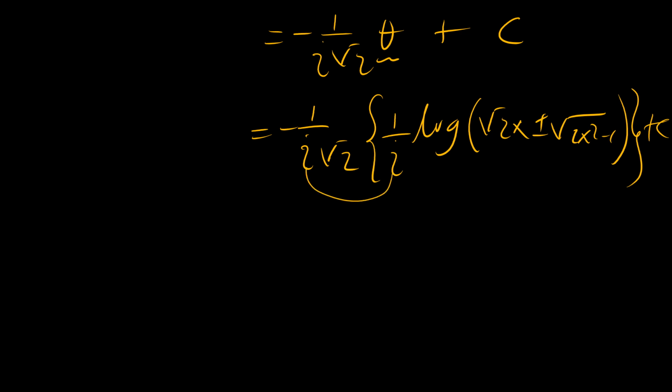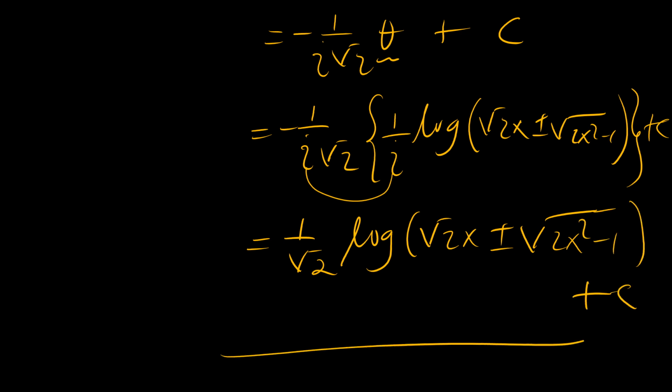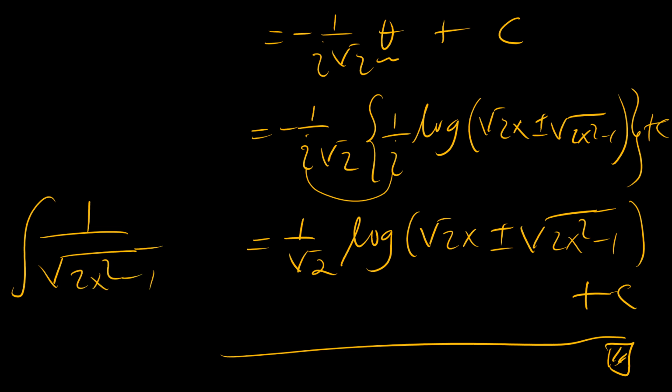And that becomes negative 1, and so that negative 1 cancels with that. So we're left with 1 over root 2 natural logarithm of root 2 x plus minus the square root of 2x squared minus 1 plus the integration constant. So that there is the answer for the integral of 1 over the square root of 2x squared minus 1.